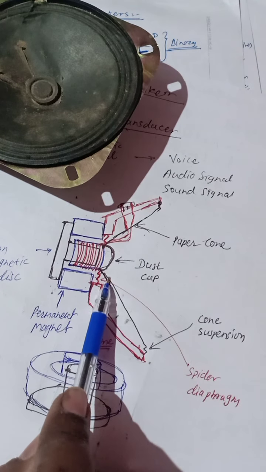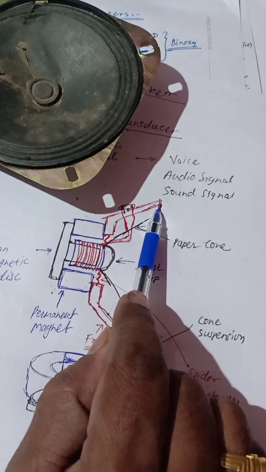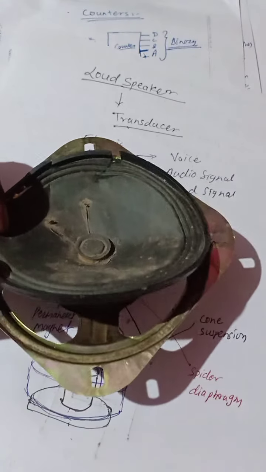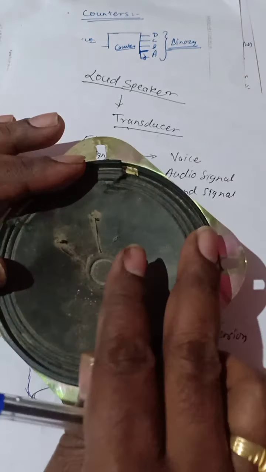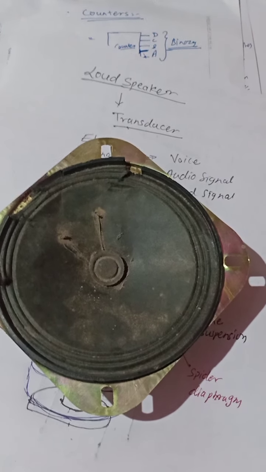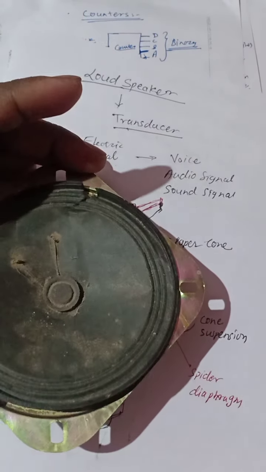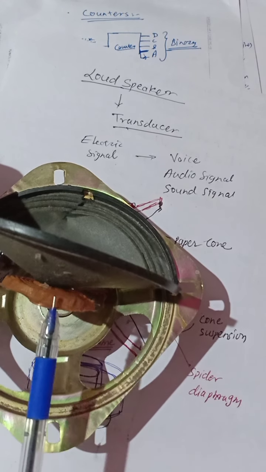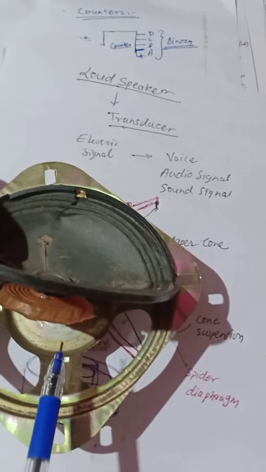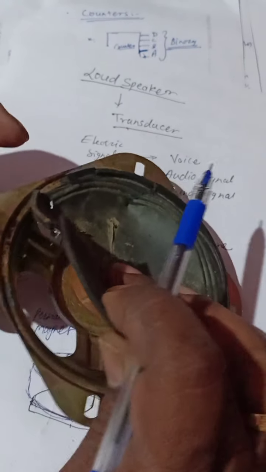So this is the structure of the loudspeaker. If it is damaged, you can buy this part from the market and paste it to the body or frame of the speaker, then insert it properly.